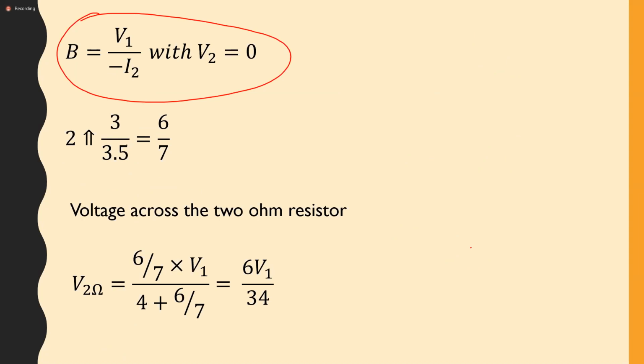So if V2 is now equal to 0, what I have done is that I have short circuited port 2.